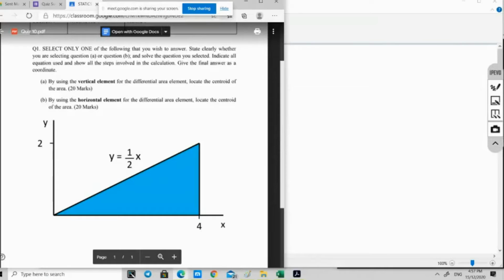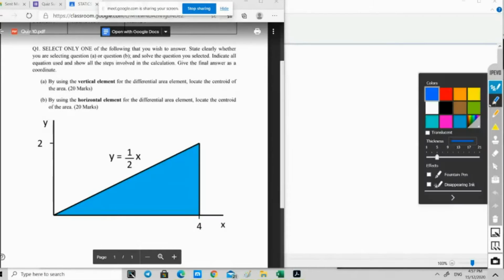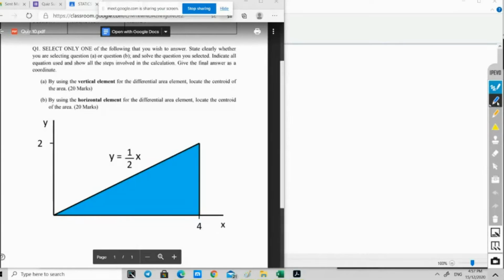All right, so this is just a brief explanation for anyone who needs some explanation. Basically, what we should know from the very beginning is that when we need to calculate for the centroid, the question is: locate the centroid of the area, right?